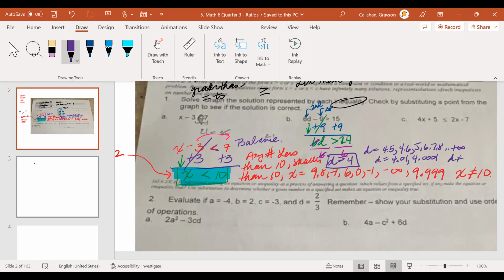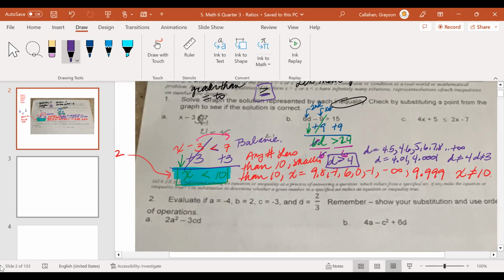But D cannot equal 4. D cannot equal 3 because 3 is smaller. It's any number bigger than 4. Do you see that? If there is an equal sign like this, you see the equal sign right there, then it can equal 4. Does that make sense? Okay.